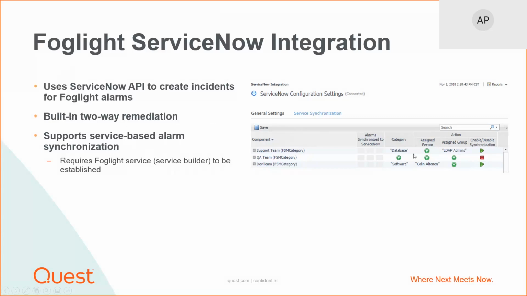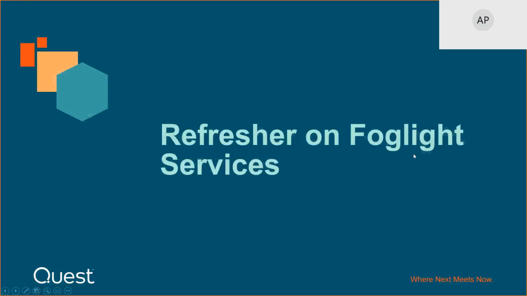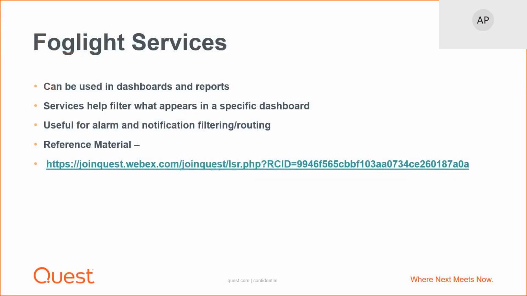But what we really want to talk about first and foremost is the Foglight services. And what Foglight services really is, it's a logical way of grouping things together in a meaningful way. So ultimately, your goal is to use a Foglight service and its components or contents within other dashboards and reports. What services actually do is help you filter what you're seeing in the dashboard.